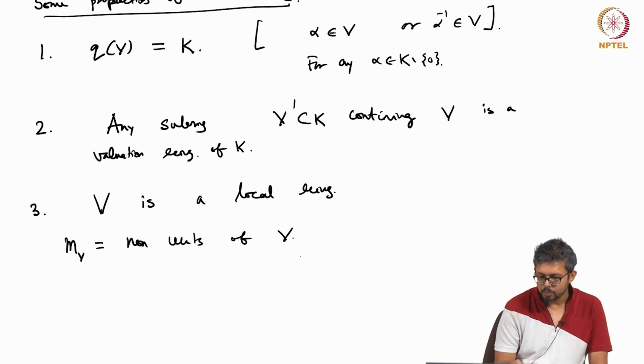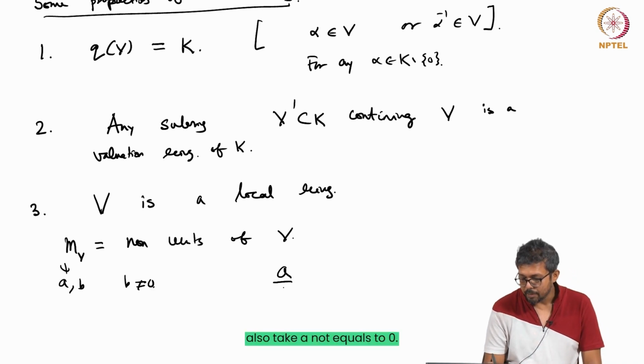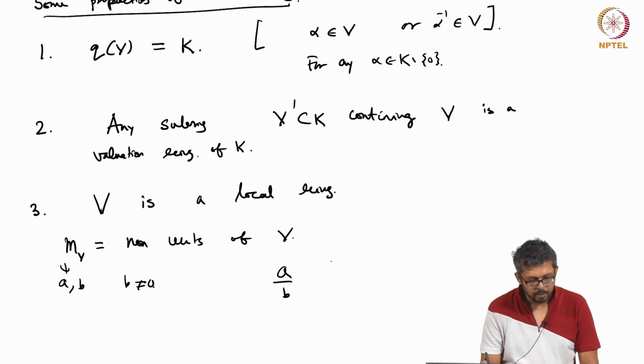So, to prove something is an ideal, you take two elements A and B not equal to 0. Consider A by B. So, now A by B is an element in the quotient field of V, right.